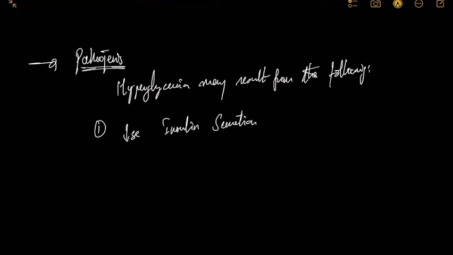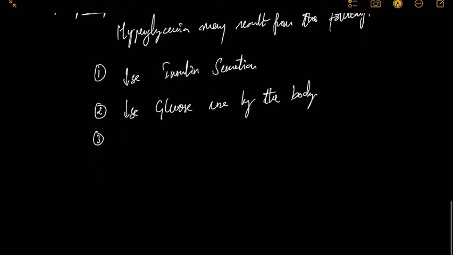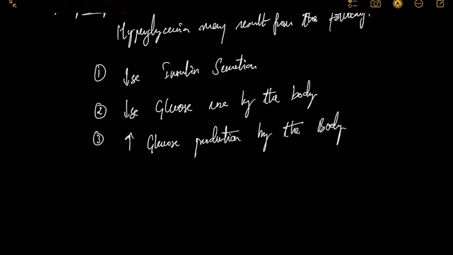If there's decrease in insulin secretion, there's increase in your blood glucose level. Then decrease in glucose use by the body. And lastly, increase in glucose production by the body. So these three conditions lead to hyperglycemia.